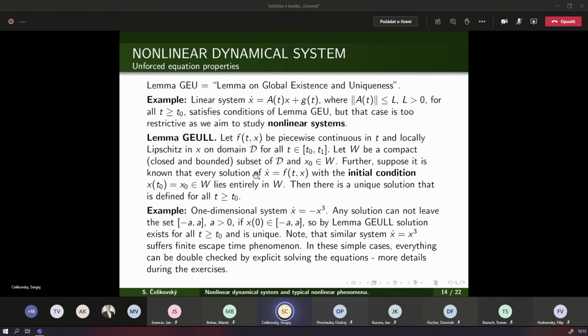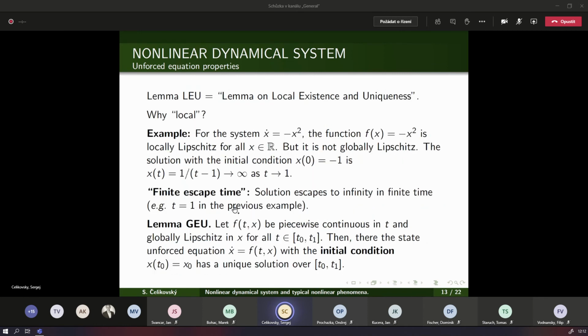This is a little bit better, because before we really asked that the function should be globally Lipschitz over the whole R^n.